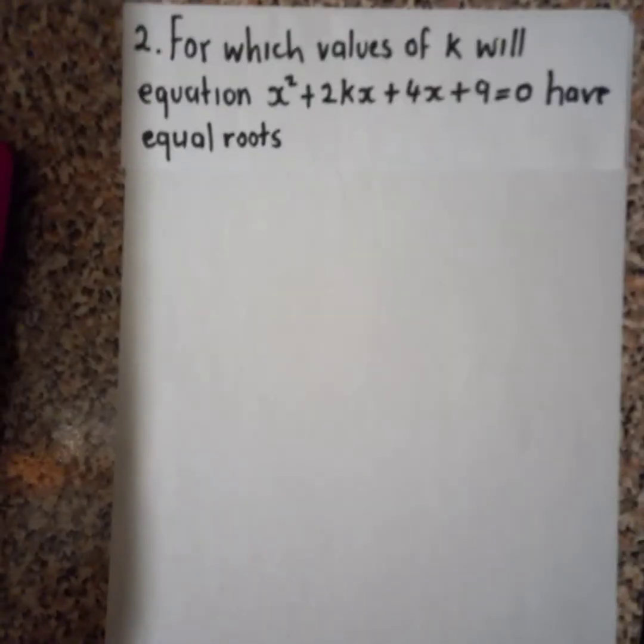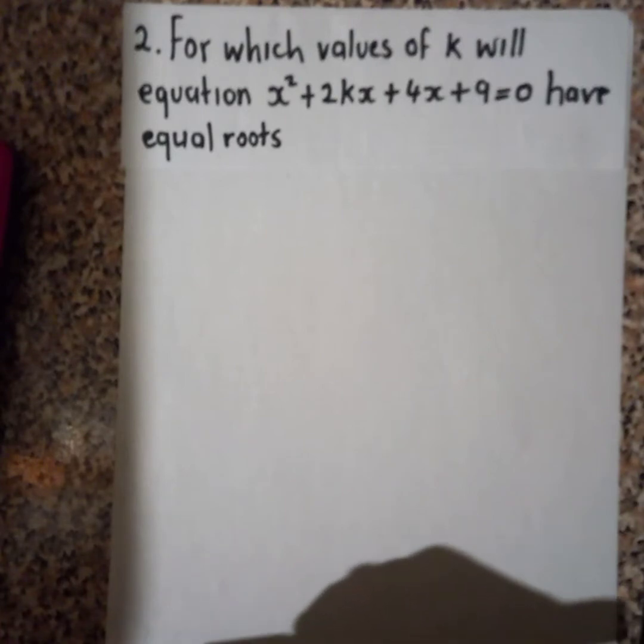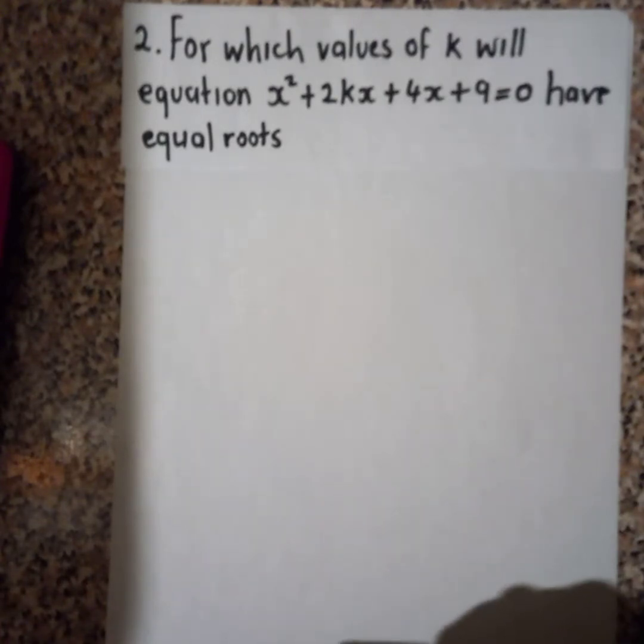It states: for which values of k will the equation x squared plus 2kx plus 4x plus 9 equals 0 have equal roots?